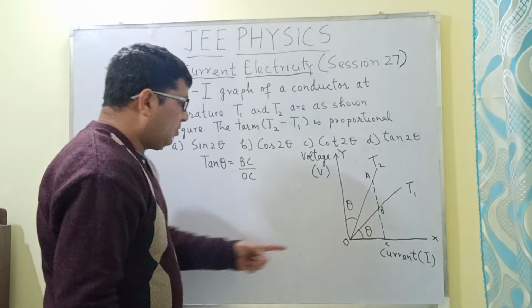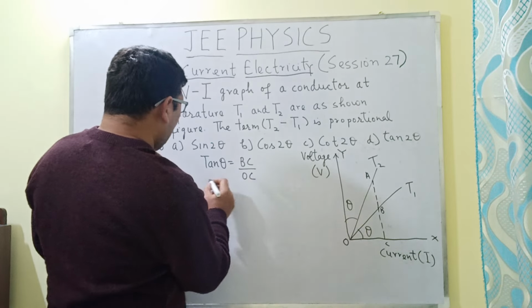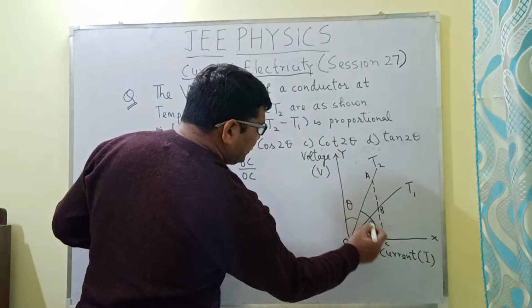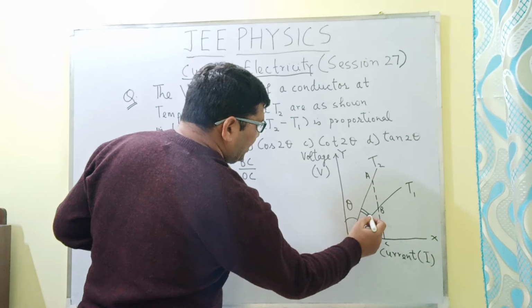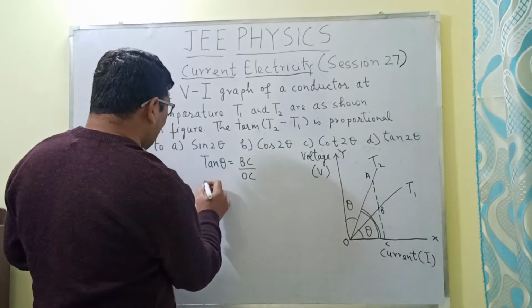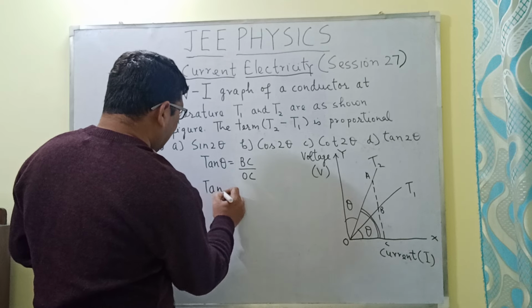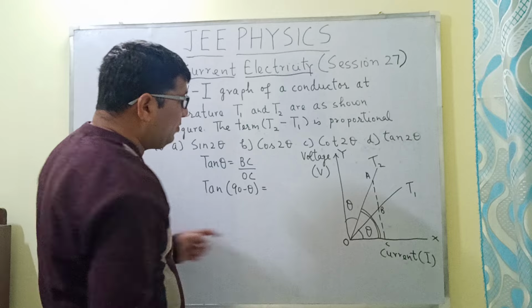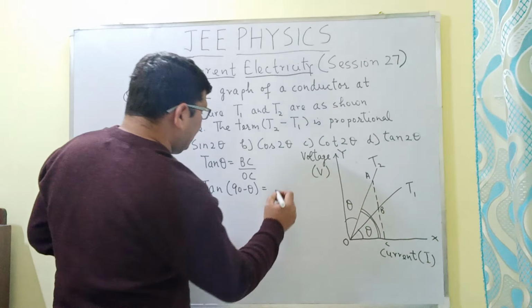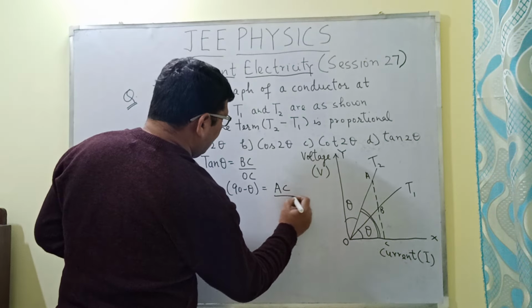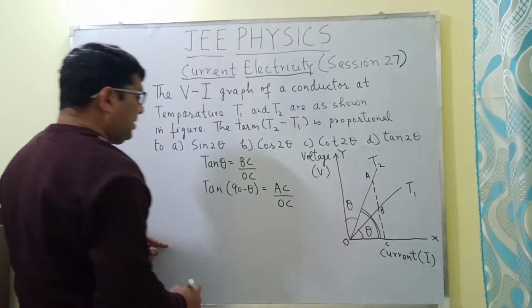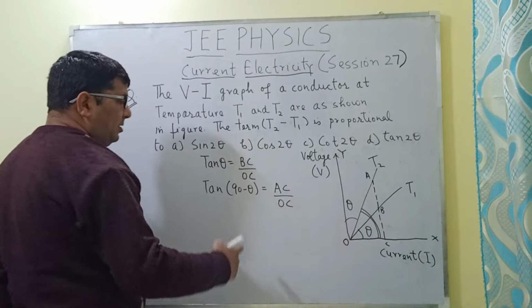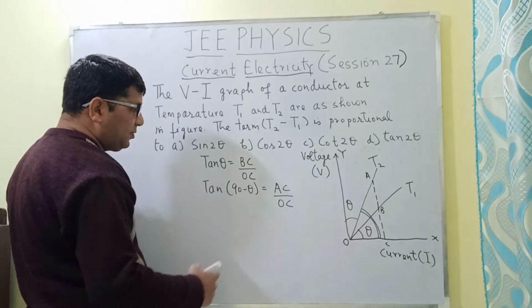This is theta, so this angle will be equal to 90 minus theta. So we can also write that tan 90 minus theta will be equal to AC upon OC.